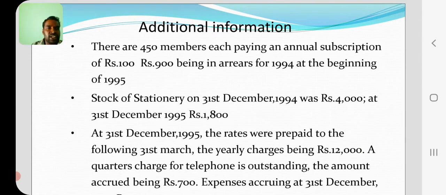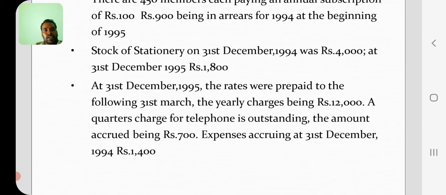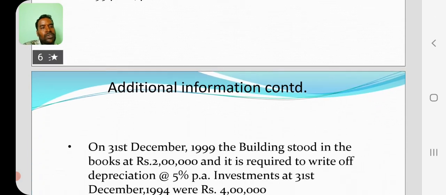Stock of stationery on 31st December 94 was rupees 4,000. At 31st December 95, rupees 1,800. At 31st December 95, the rates were prepaid to the following 31st March, the yearly charges being rupees 12,000. A quarter's charge of telephone is outstanding, the amount accrued being rupees 700. Expenses accruing at 31st December 94, rupees 1,400.